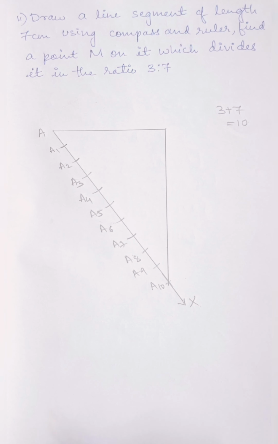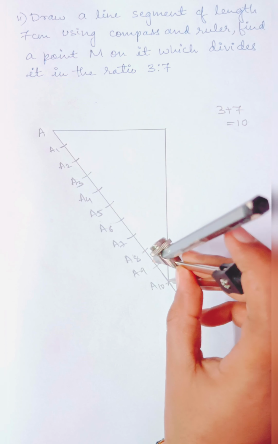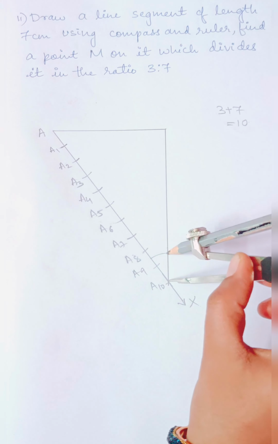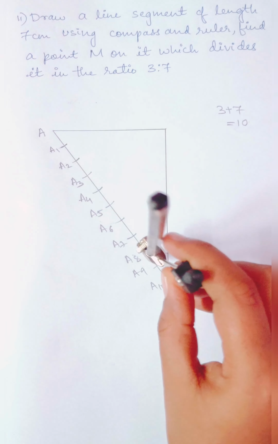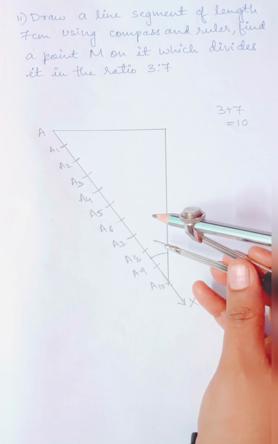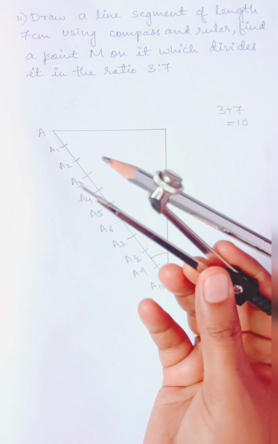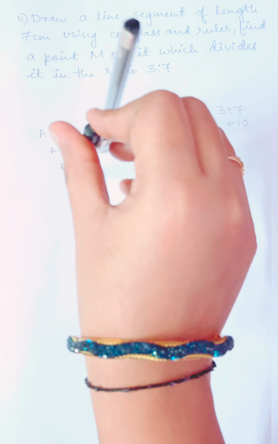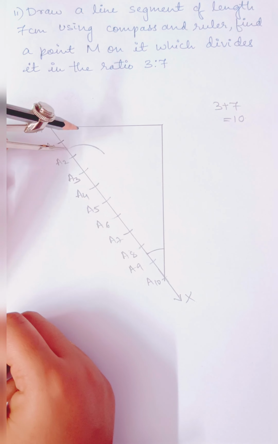Now next, using the compass, take more than half, as much as you want, there is no restriction. So this much I am taking. Keep it here and mark an arc. Then, without any movement of this, keep it on A3 and mark an arc.